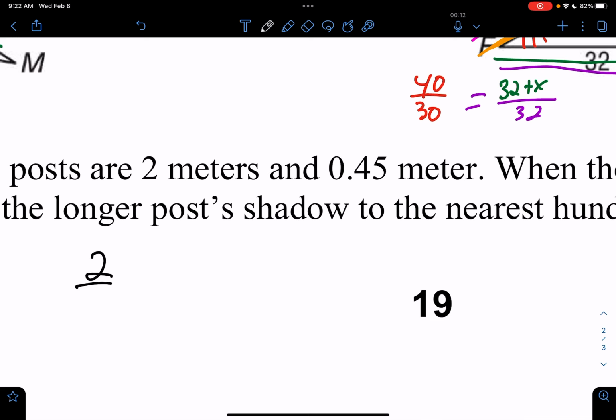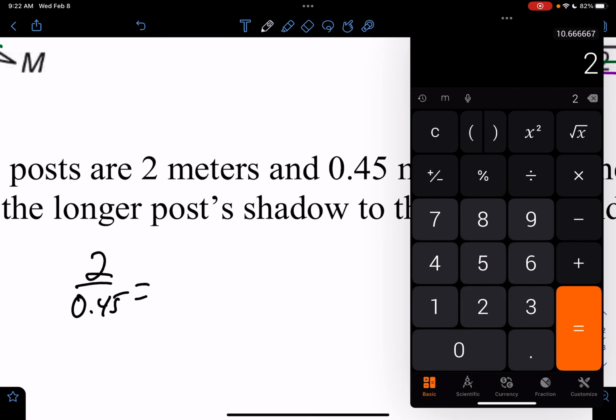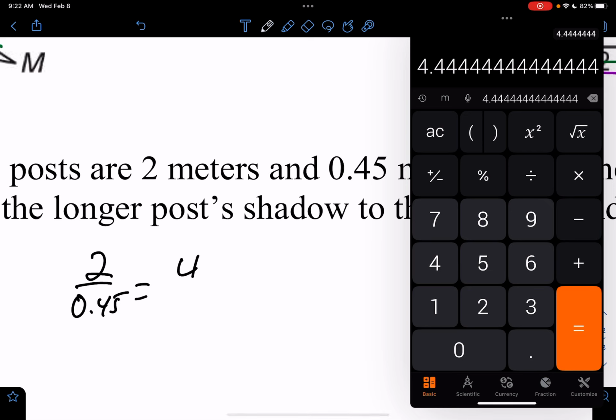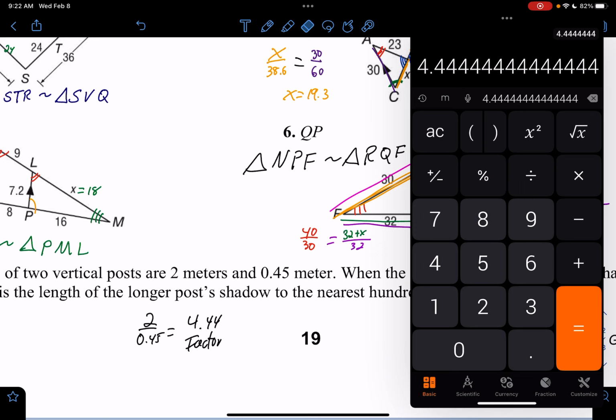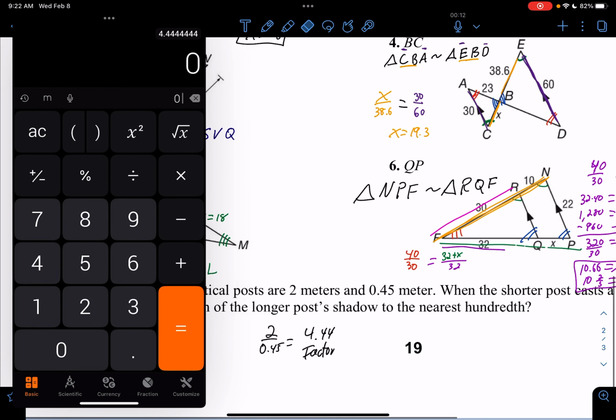You just say 2 divided by 0.45. That is going to give me the factor that I need. So 2 divided by 0.45 is going to be 4.44. Okay, this is my factor. Now if I take that factor and multiply it times the short shadow, it's going to give me the long shadow. The short shadow is 0.85.